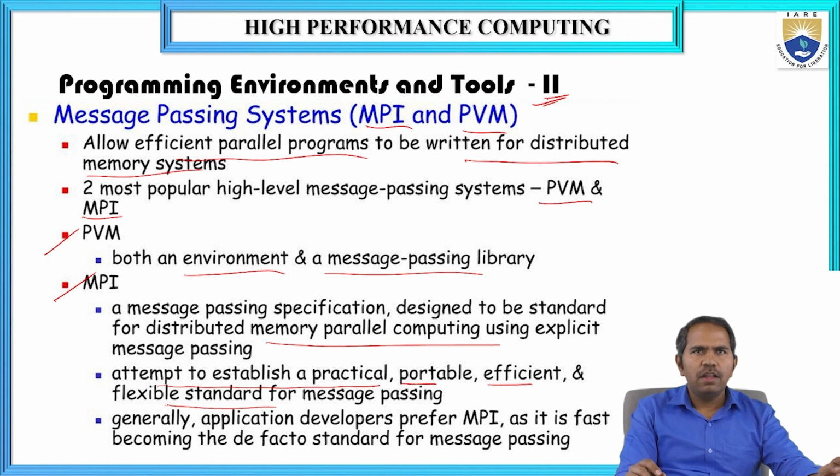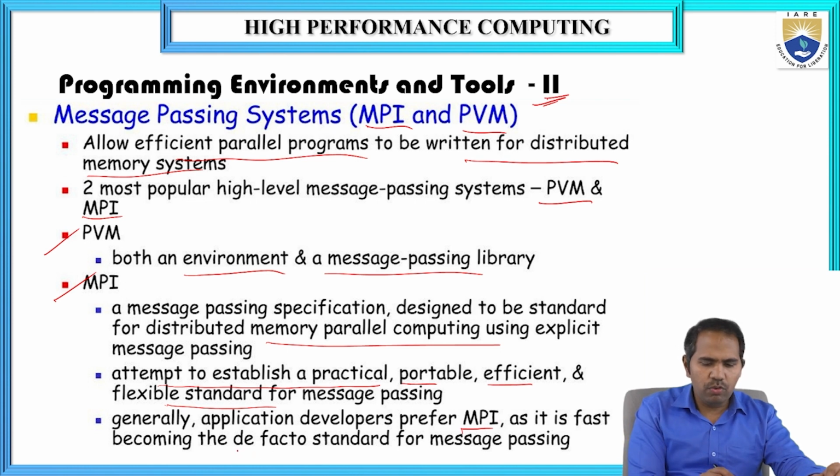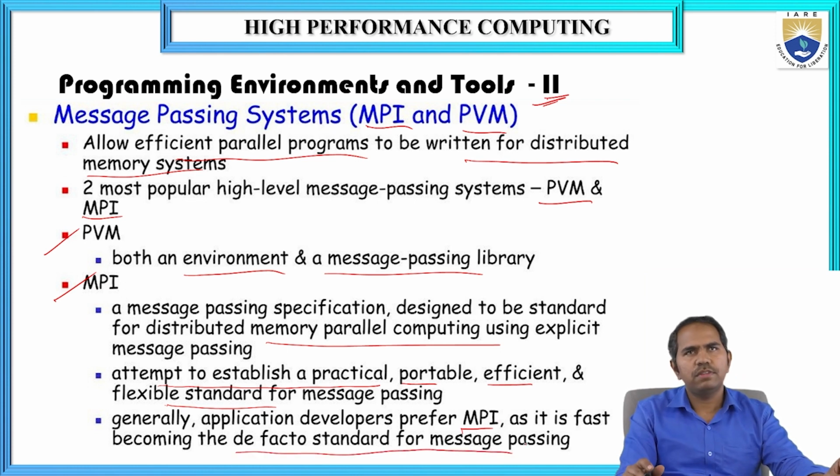It is generally the allocation developed for MPI, as it is fast becoming the de facto standard for message passing. So this is used for programming environment tools in the second level.